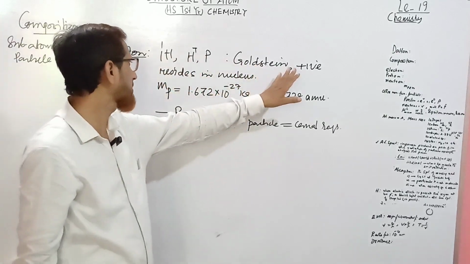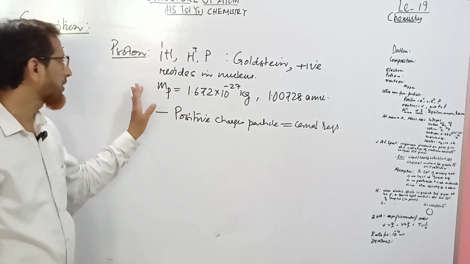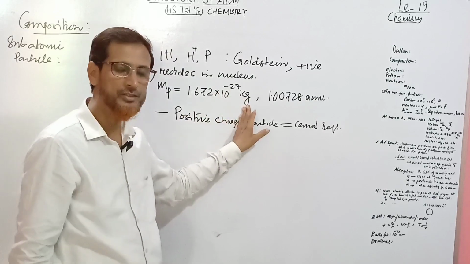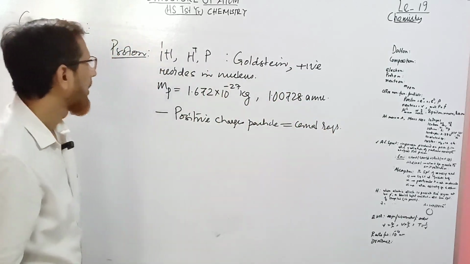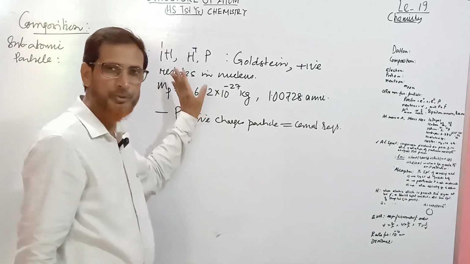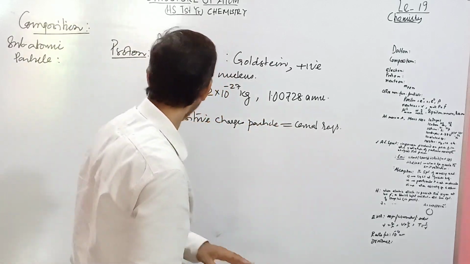It is a positively charged particle found in the nucleus. It is a part of the nucleon, and the mass of the proton is 1.672 into 10 to the minus 27 kg, and in terms of atomic mass unit it is 1.00728 atomic mass unit. These positively charged particles are also called canal rays.